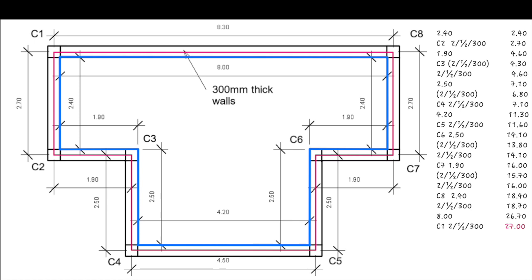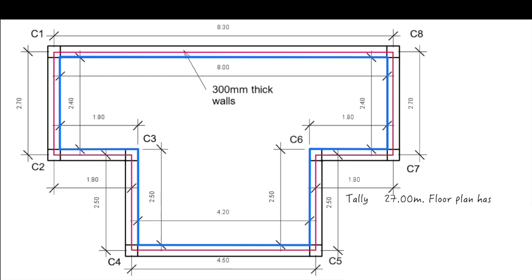Does this stack up with adding and subtracting corners? Let's do a bit more maths to find out. Our tally shows 27 meters. The floor plan has 6 outer corners and 2 inner corners. When we were doing our long-handed calculations, we found out that corner C3 cancelled out corner C2, and similarly corner C6 cancelled out corner C7.